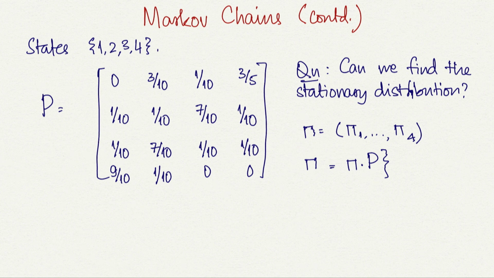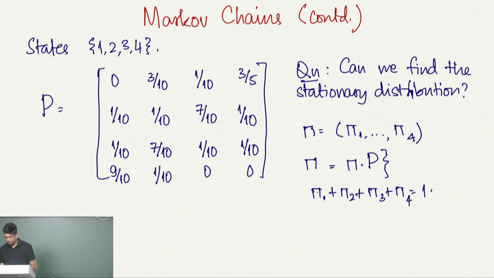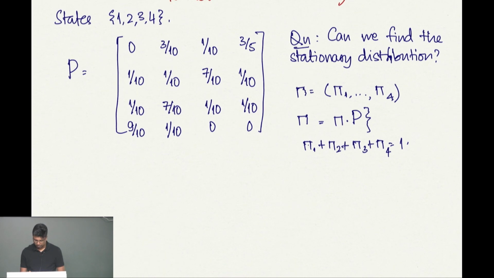So you have this additional condition that pi 1 plus pi 2 and so on must sum to 1. In the meanwhile, in case you're getting stuck with this, I'll give you a smaller problem.